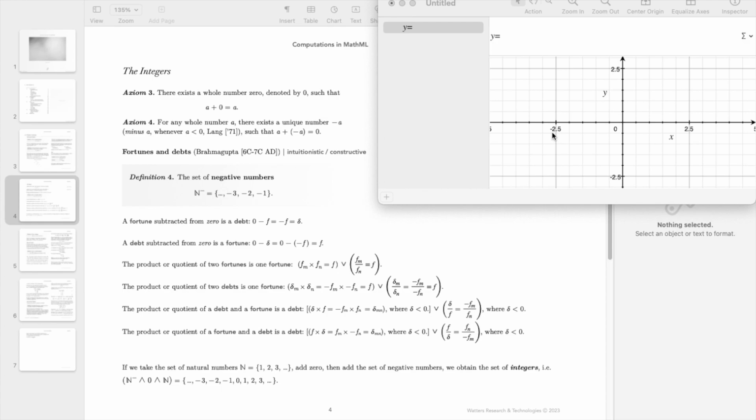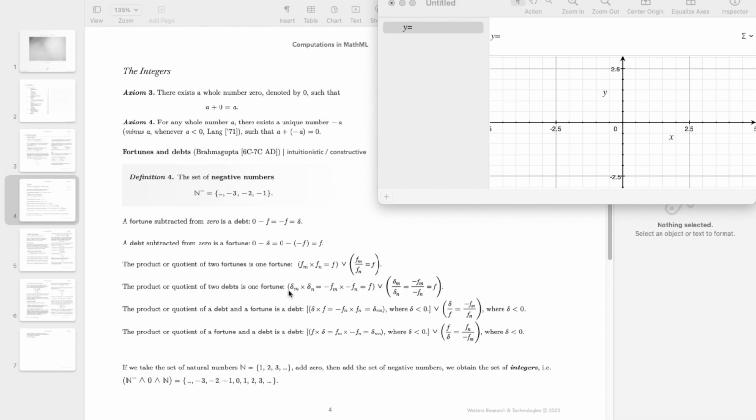The minus in this case is a reference to the position on the number line. However, in the arithmetic operation, it's a procedure that's being conducted on the positive edge of the number line. The product or quotient of two debts is a fortune.